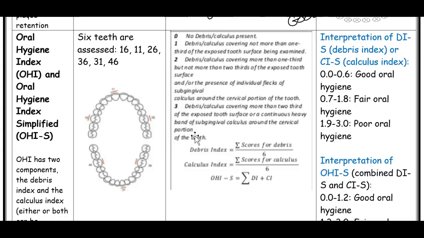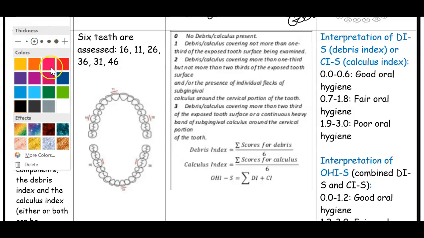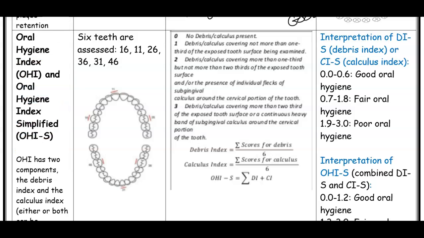So let's say hypothetically, let's do the debris index in purple. You look at the teeth all together. Let's say that on 1/6, there was a little bit of debris, so I'm going to get 1. On 1/1, there was no debris.